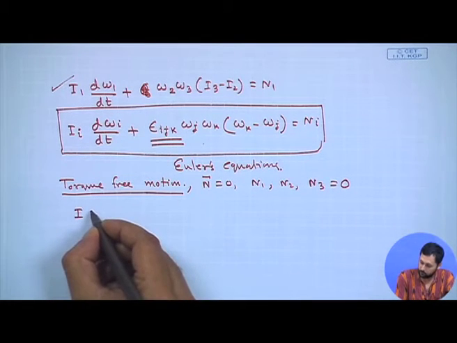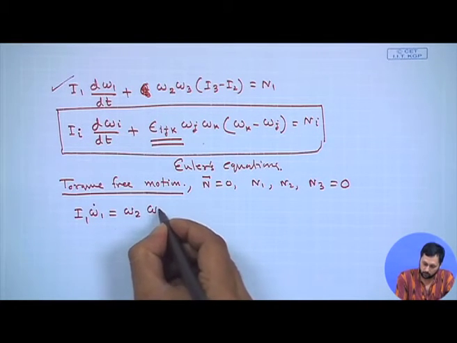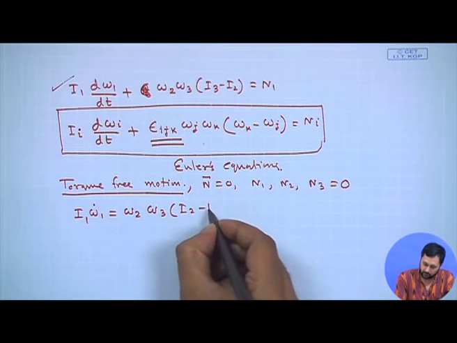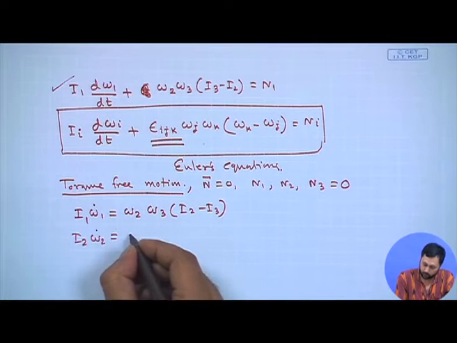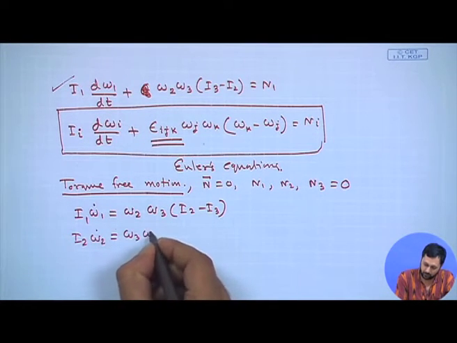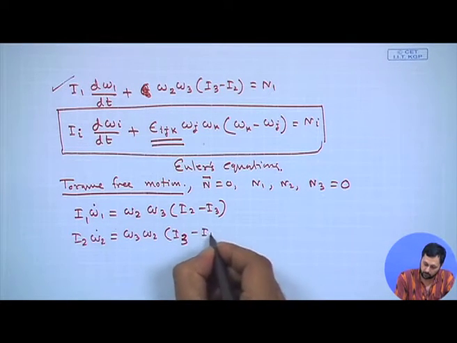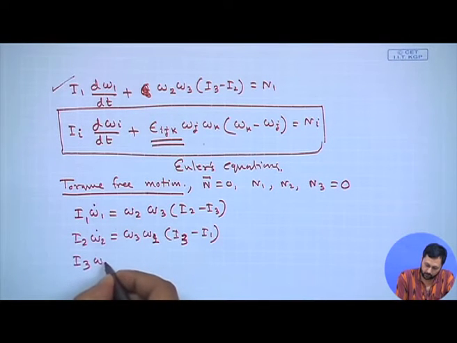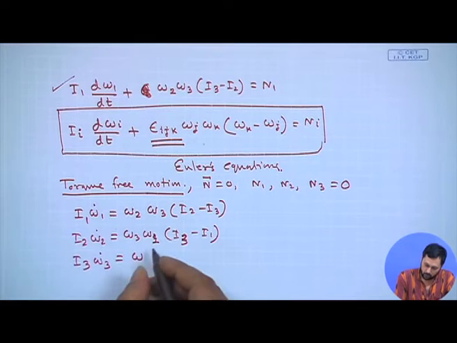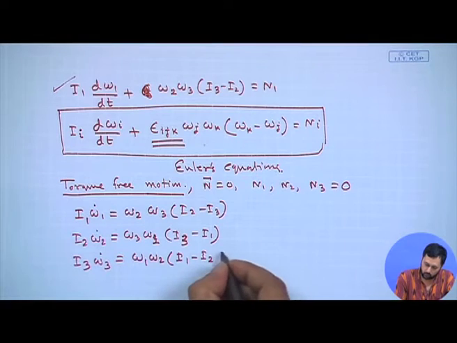So, in torque free motion, it will be simply I1 omega 1 dot equal to omega 2 omega 3 (I2 minus I3), I2 omega 2 dot is equal to omega 3 omega 1 (I3 minus I1), and I3 omega 3 dot is equal to omega 1 omega 2 (I1 minus I2), right.